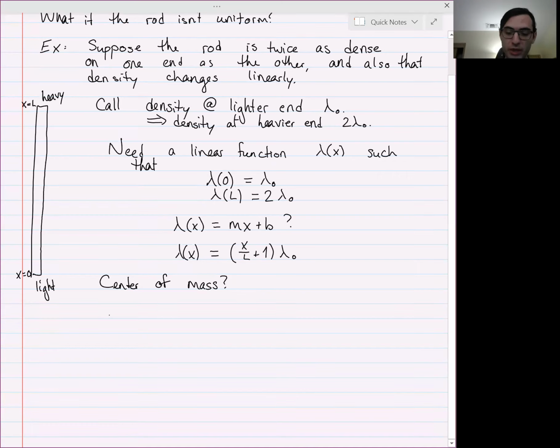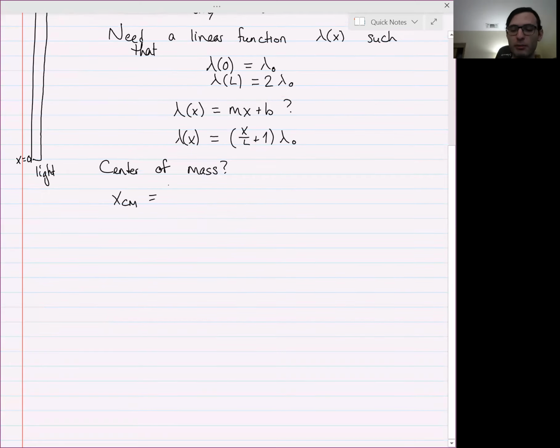So we can do that just by using the integral that we developed last time. The x coordinate of the center of mass, remember, is given by 1 divided by m times the integral of x dm, where this integral is over the whole rod.